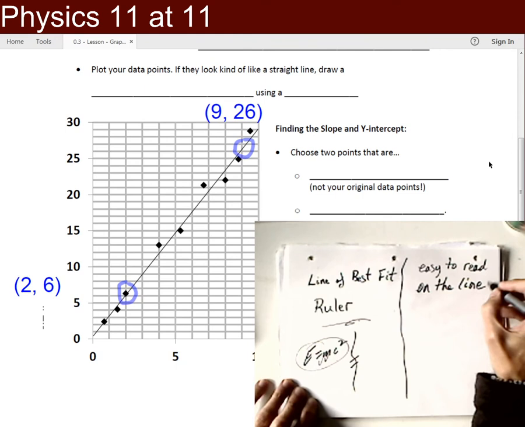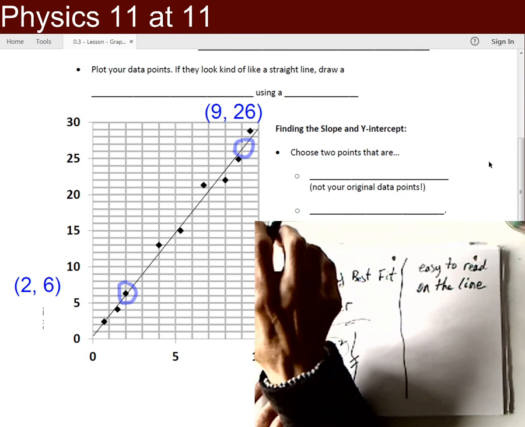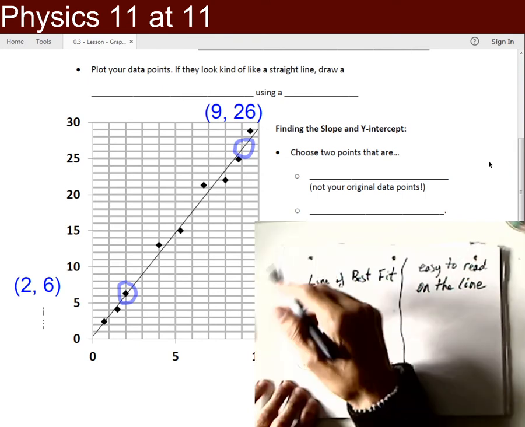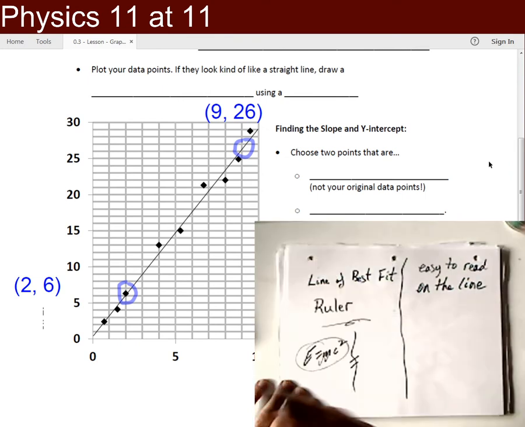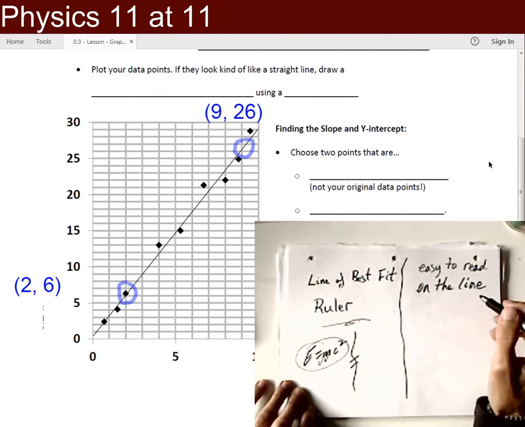The data points are there. We're going to put the line on, and then we're going to use the line as the description for the data. So when you're choosing 2 points, make sure they are on the line and not your original results.